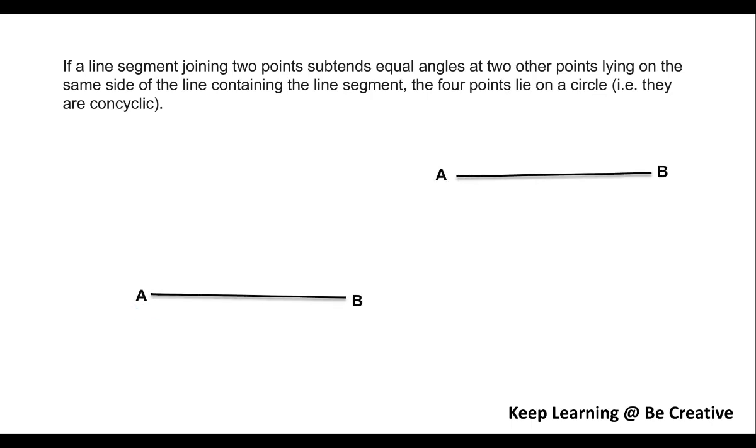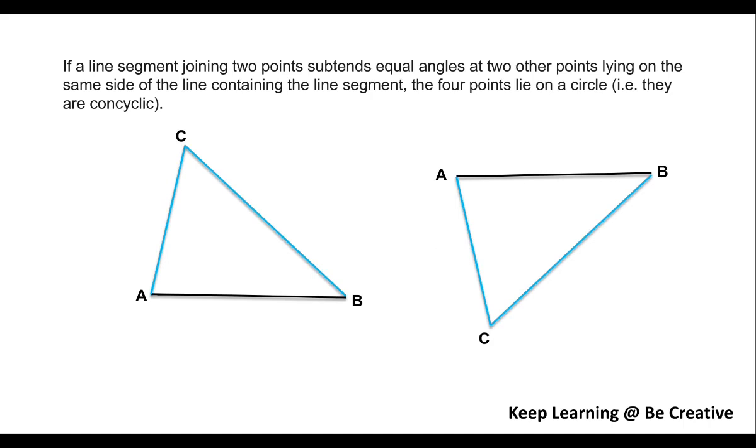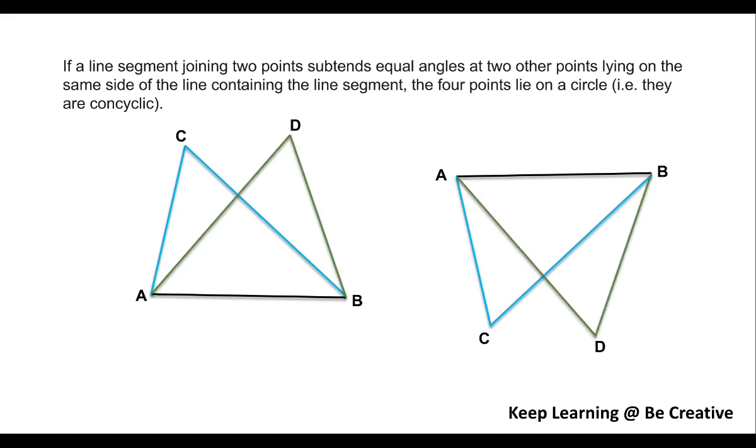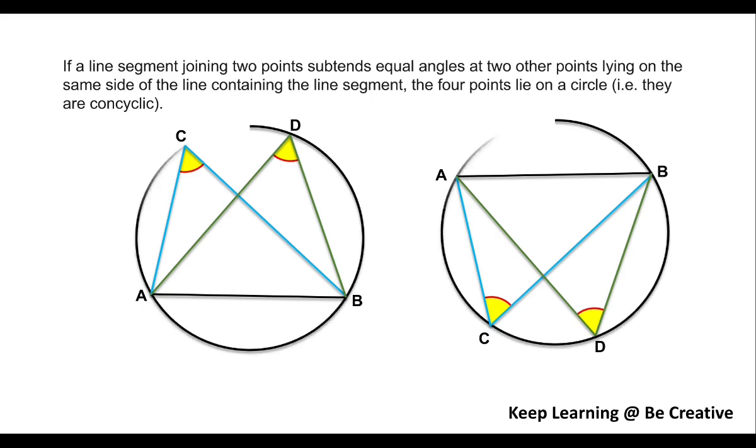For example, if we have a line segment AB and we have two other points C and D and we connect them in this way, and if you observe that the two angles subtended by this line segment at these 2 points are equal, then we can say that A, B, C, D are concyclic. That means a circle can pass through these 4 points. So this is one of the theorems.